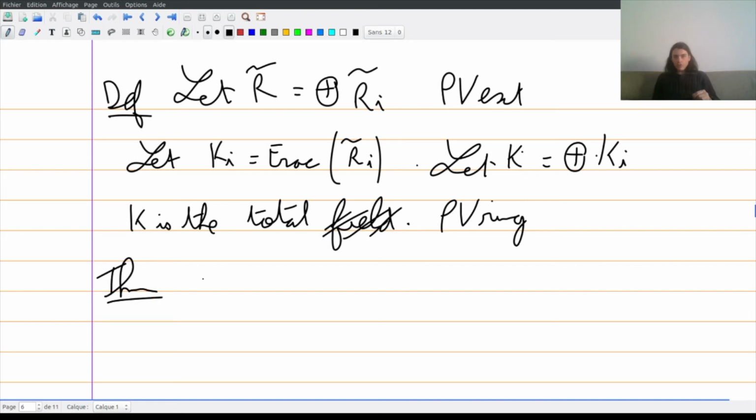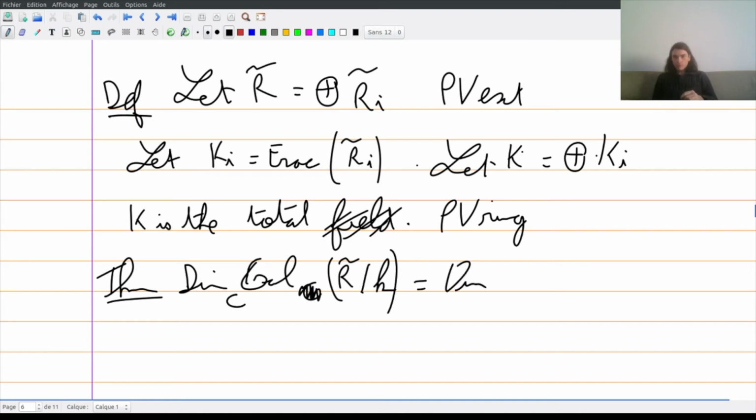And you have a very fundamental result that says that the dimension of the Galois group, seen as an algebraic group, equals the dimension as a K vector space of each of the Ki.